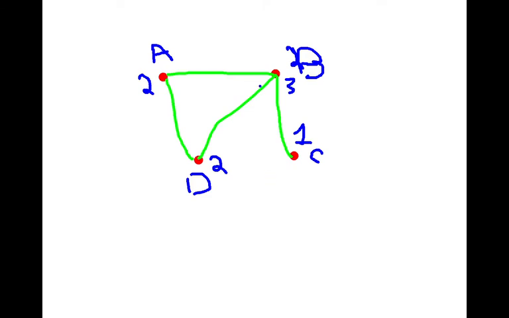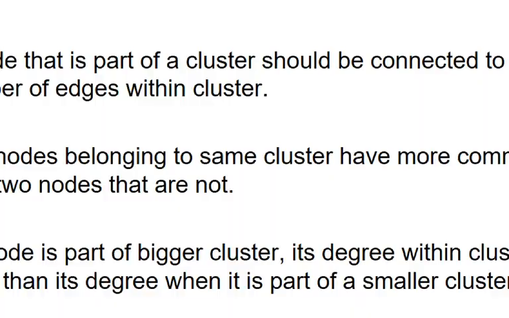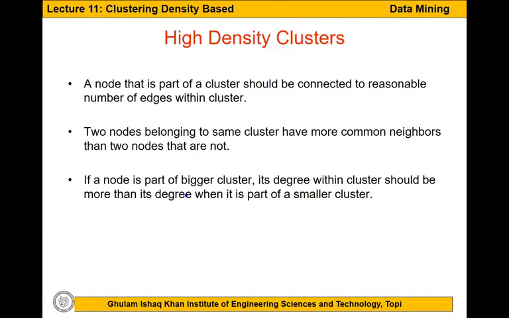So keeping this concept in view, if a node is part of a bigger cluster, its degree within the cluster should be more than its degree when it is part of a smaller cluster.